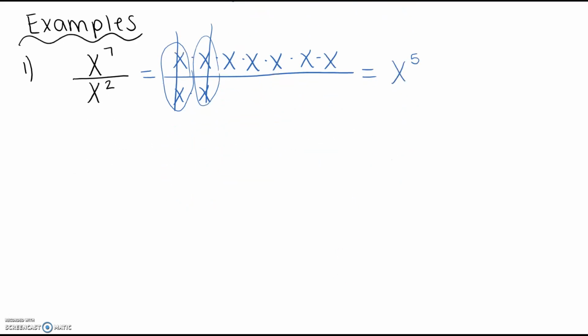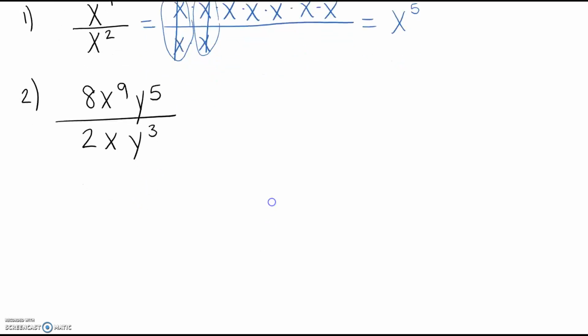Okay, so moving on to another example. If I gave you 8x to the 9th, y to the 5th over 2x, y cubed. First of all, you should look at your 8 over 2. What is 8 divided by 2? Well, 8 divided by 2 is 4, and so that's what you're left with. Then look at your x to the 9th over x. We can use the division property, therefore subtract.